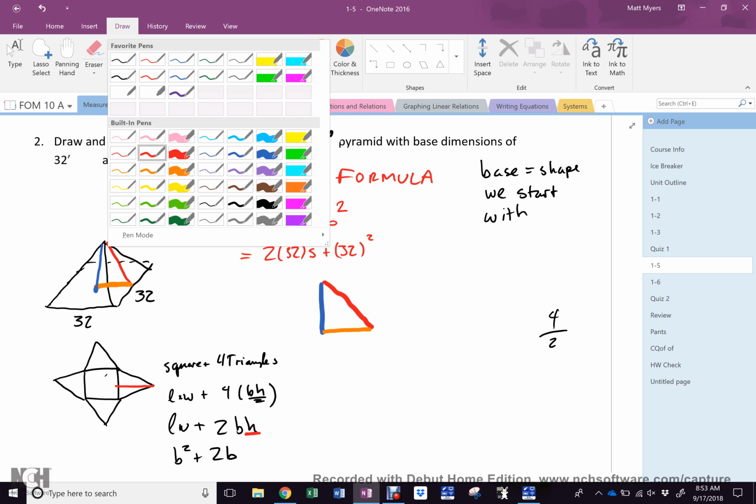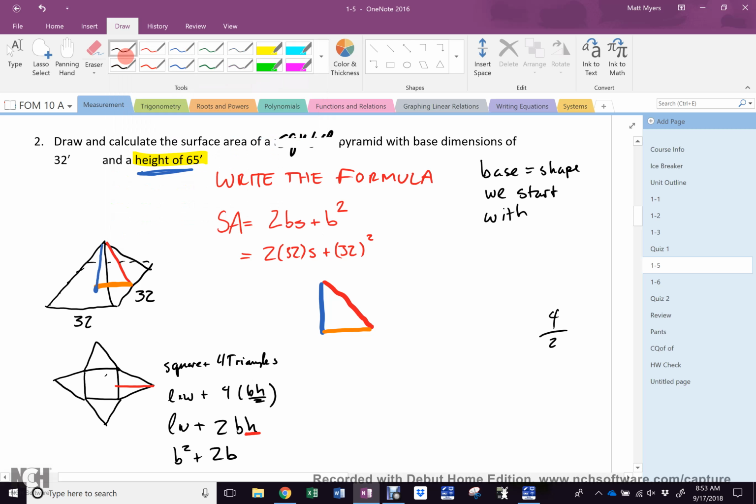Now I'll wait 15 seconds if you can tell me a way to find the red line. You got one? Don't say it out loud, because that's only 3 people in the whole class. 4 people. 5 people. All right, that's out of time.